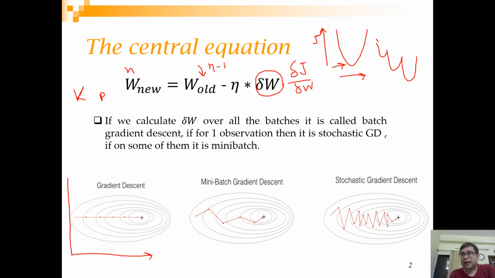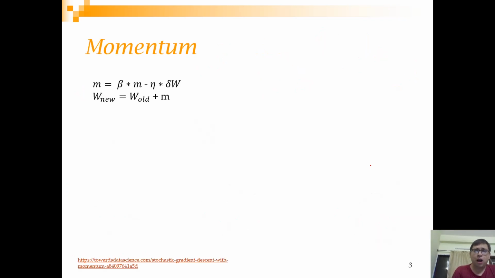So if you start here, you can get stuck over here, or you can get stuck over here. These two points are called local minima, and this is your global minima. It turns out that stochastic gradient descent is much less prone to getting stuck in the local minima.